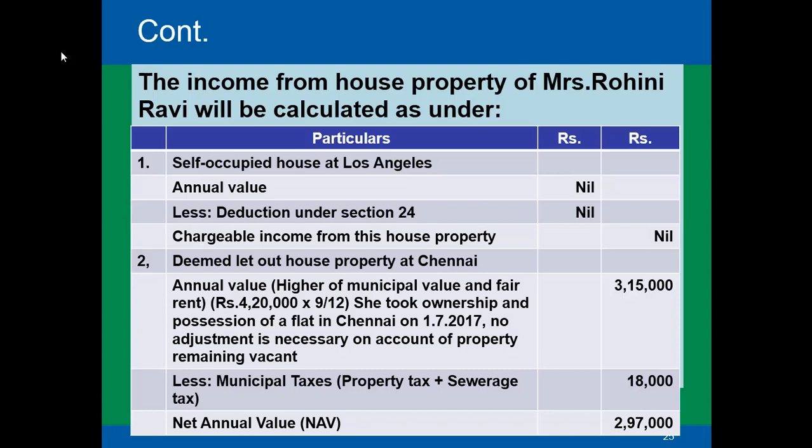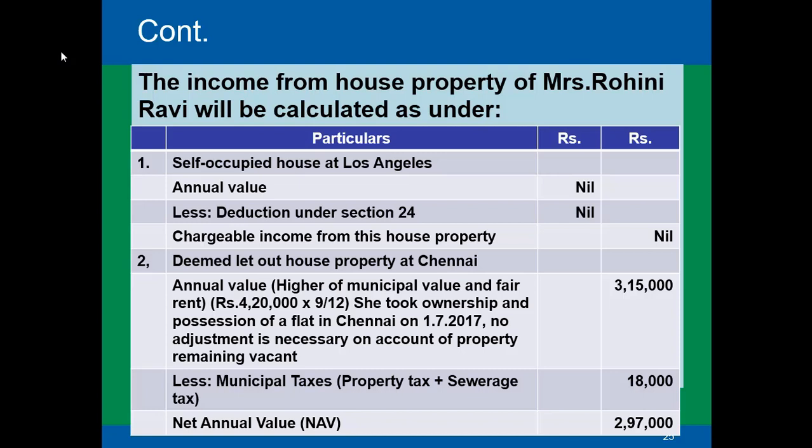Now the rent is 4,20,000 for the whole year. So we will be taking it for 9 months because she took the ownership and possession of the flat in Chennai on 1st of July 2017. Here we should remember that no adjustment is necessary on account of the property remaining vacant. So 3,15,000 will be the income from house property on account of the deemed let-out house property at Chennai.